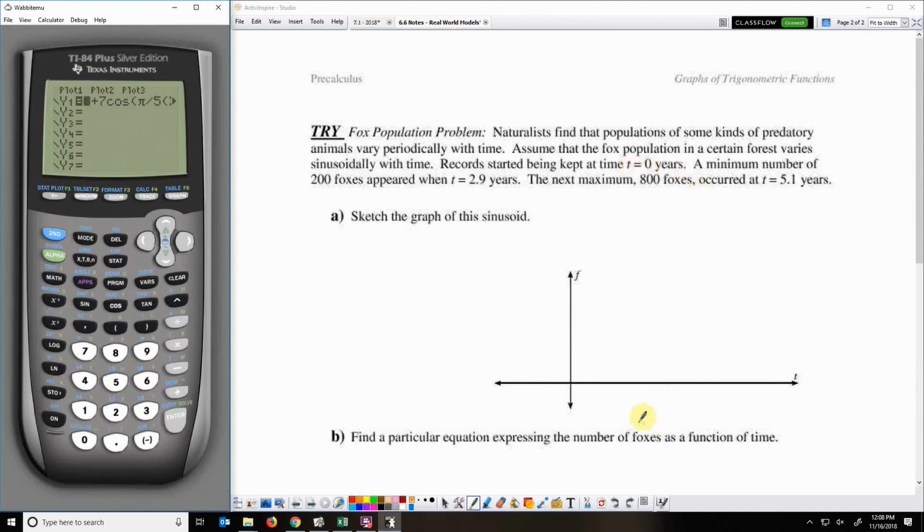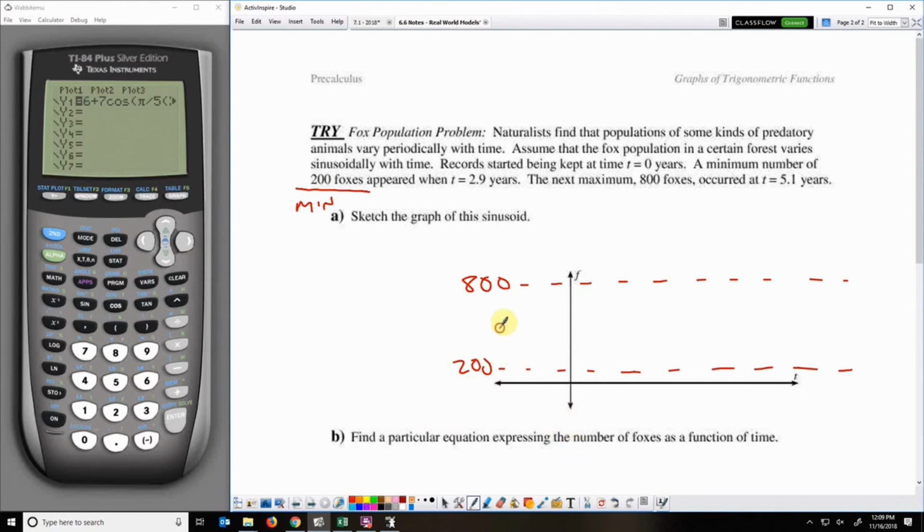A minimum number of foxes at 200, so that's my minimum, appeared when time was 2.9 years. The next maximum of 800 foxes occurred at 5.1 years. So we know that the maximum is 800 foxes, and the minimum is 200 foxes.